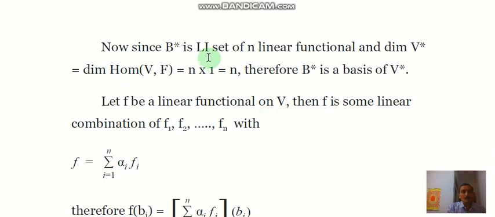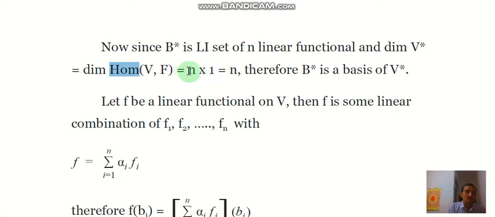Now, for the property of spanning, we are proving it this way. Since B star is a linearly independent set of n linear functionals, and the dimension of V star equals the dimension of the homomorphism Hom(V, F), and this is equal to n into 1.